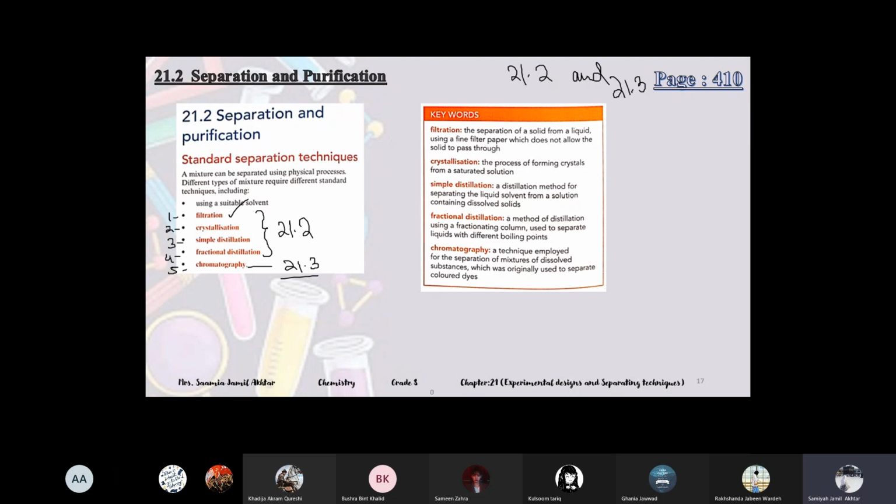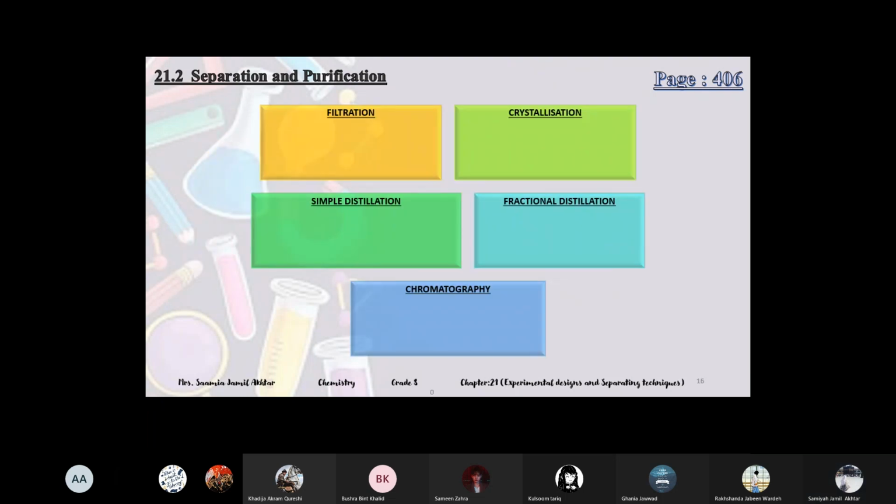It has been made a separate topic because chromatography is long. It is a lengthy topic, but it's highly simple. Inshallah, I'll try to arrange the laboratory apparatus for you so that you can do chromatography by yourself. It's really very easy.